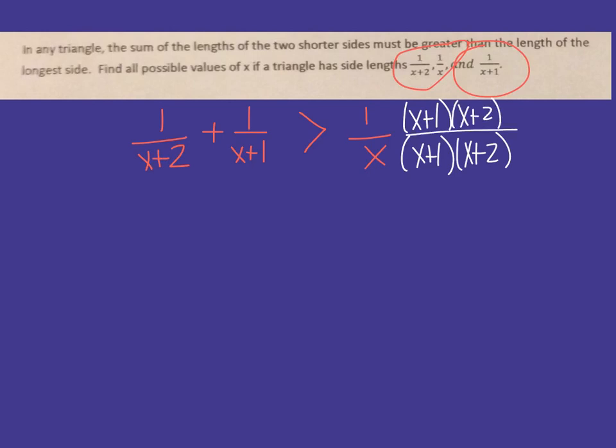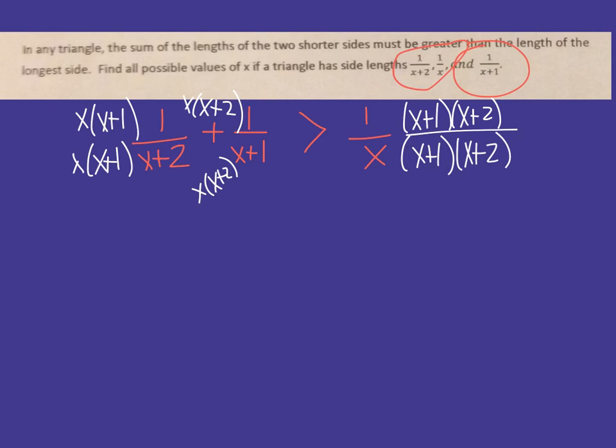So on the right side, it needs an x plus 1 and an x plus 2. And on the left side, this one is going to need an x and an x plus 1, and then the second one is going to need an x and an x plus 2, in order for it to have all of the things.